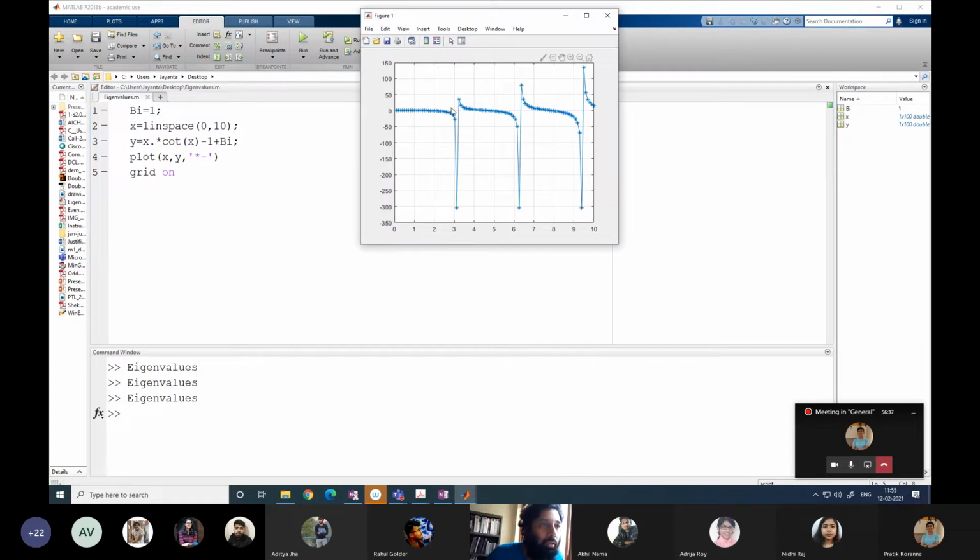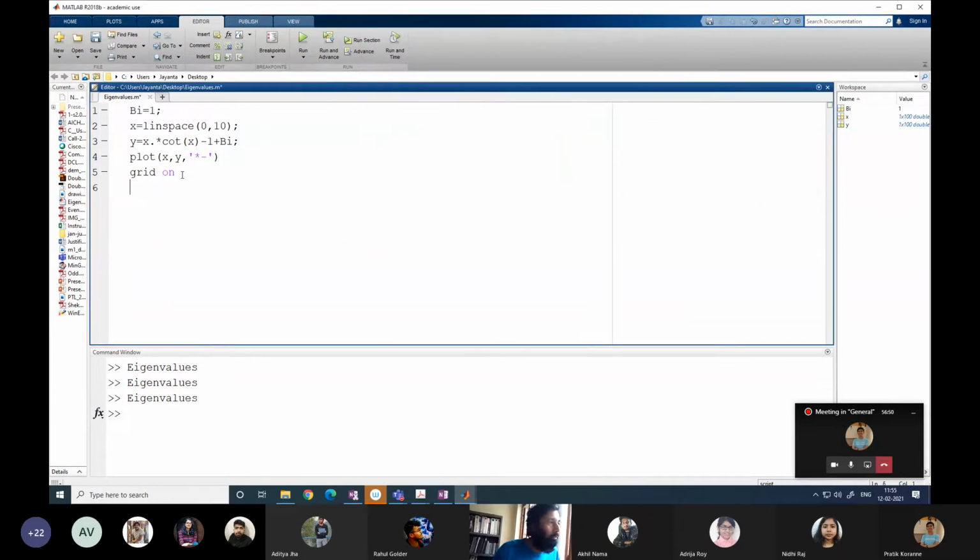Yeah, you see that somewhere near 4 there is a 0. These are lambda 1. There is one lambda 1 here. So possibly if we reduce the range, it will be clear.